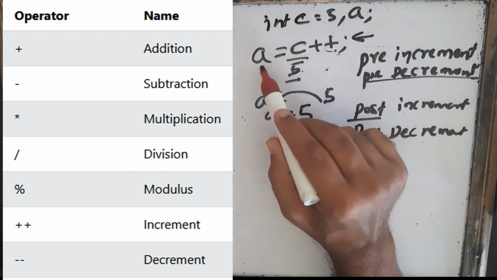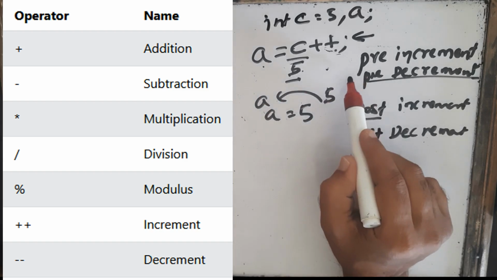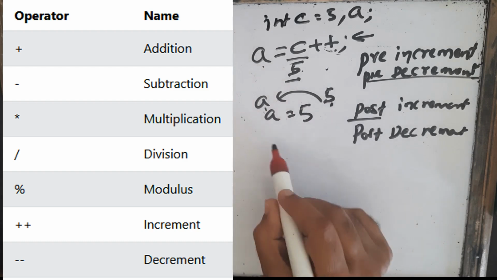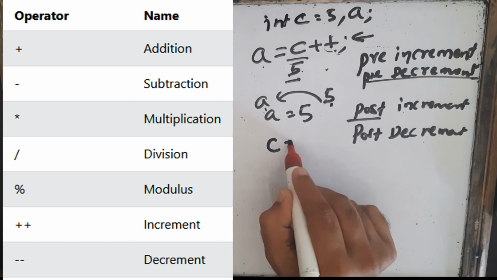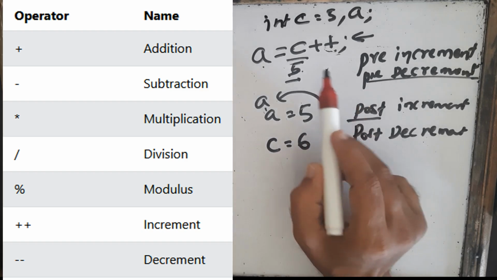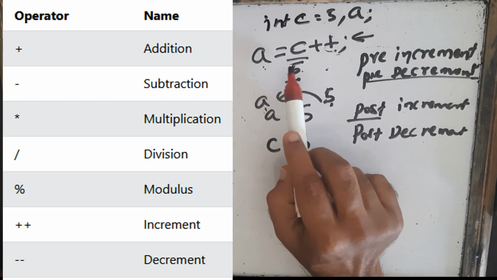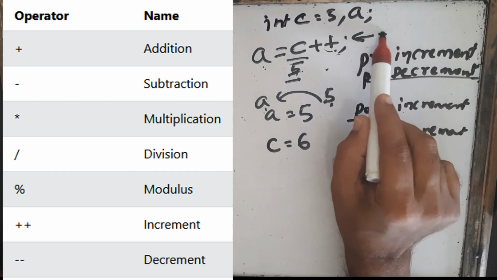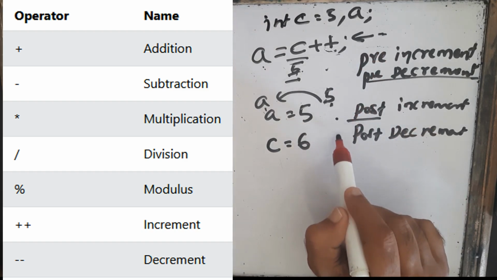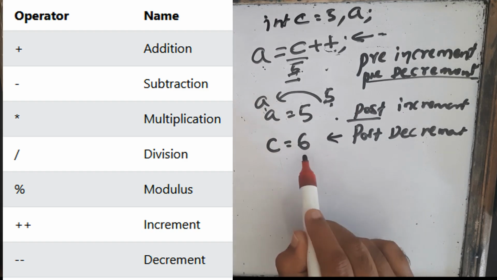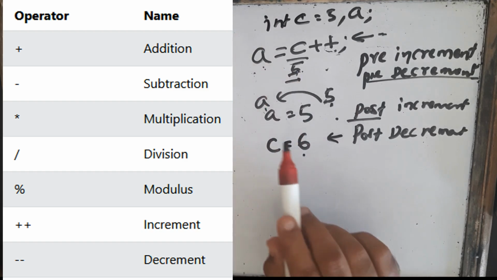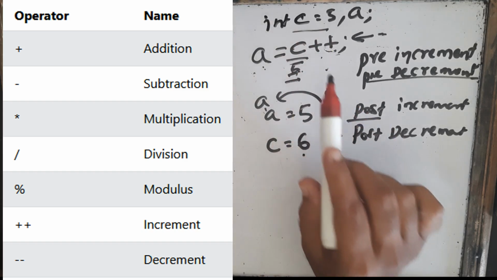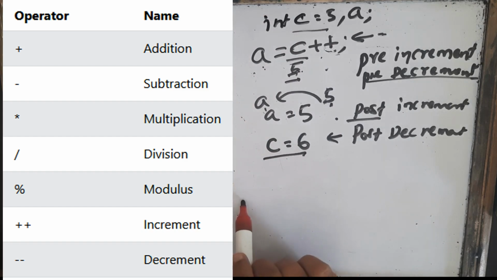C will be 5 and A will be 5, and at the next line C will be incremented to 6. First A is assigned 5, the assignment works at this line. At the next line, C will become 6. The assignment happens with the same value 5, then it increments to 6.